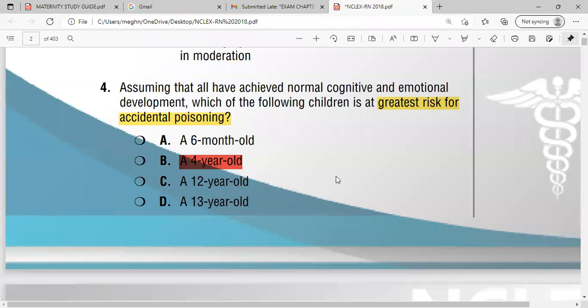So answer A, 6 month old, or C, 12 years old, or D, 13 years old are incorrect because a 6 month old is still too small to be extremely mobile. A 12 year old has begun to understand the risks, and a 13 year old is also aware that injuries can occur and is less likely to be injured than the 4 year old. So the answer is B.